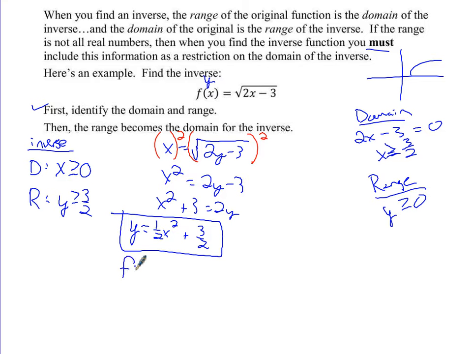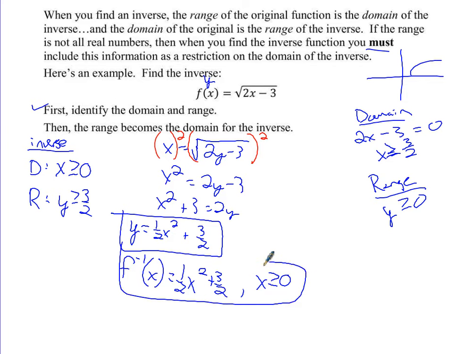This is f inverse of x equals 1/2 x squared plus 3/2. And I'm putting a comma in there, and we have to include that restriction. X has to be greater than or equal to 0. So this is my actual answer here.